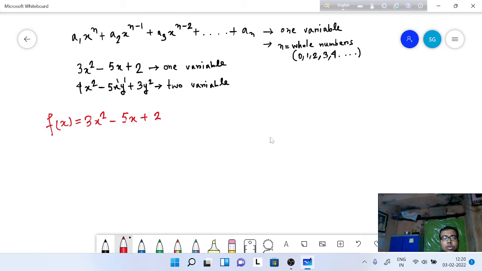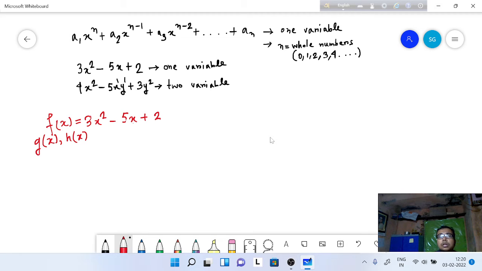We can rename it as any g of x, h of x. Take any alphabet f, g, h, but in the bracket we should write the variables.